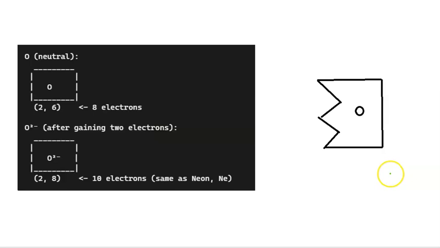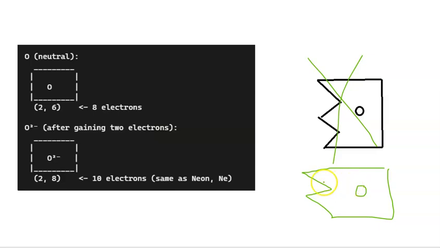Look, this is oxygen, and oxygen needs 1 and 2 electrons to get the noble gas configuration. Needs, look, 1, 2 electrons, and makes the oxide ion that has 8 electrons in the outermost shell and is like neon, stable.